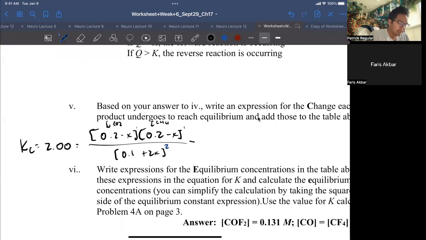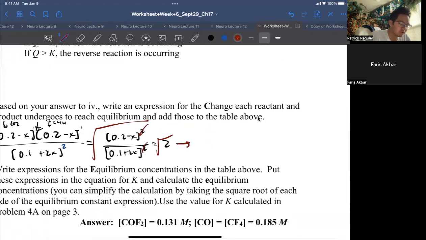This is actually 0.2 minus x, and if you multiply them by the same expression, this is a squared. If you remember math class and FOIL, it's that exact same thing. Plus 2x also the second power equals 2. Let's just square root both sides and get rid of those exponents. Square root of 2, we already know it's 1.41, equals 0.2 minus x over 0.1 plus 2x.